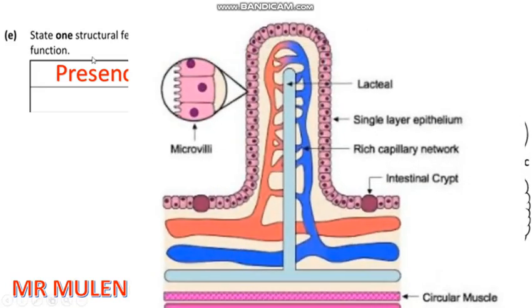Okay, so here we can look at this structure. We have the microvilli right here. These microvilli are the ones that give the small intestine a large surface area, which makes it possible for efficient absorption of nutrients. So we have answered our question E, which was our last question.